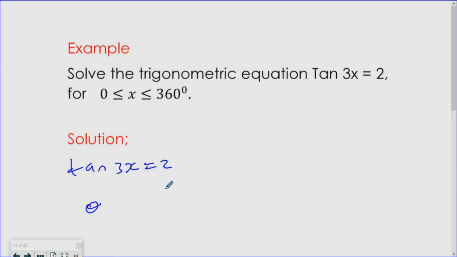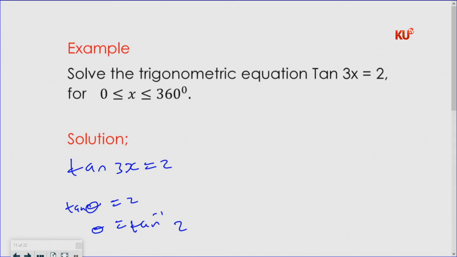You did this again in Form 2. If you have, let's say, tan theta is equal to 2, to get theta, you are to say theta is equal to tan inverse of 2. Use your calculator to save time, though you can also use the 4-figure mathematical table, but for this one, you just need to use the calculator.